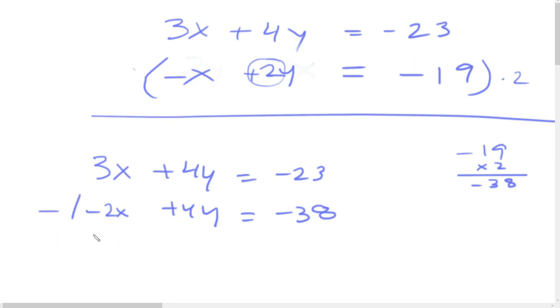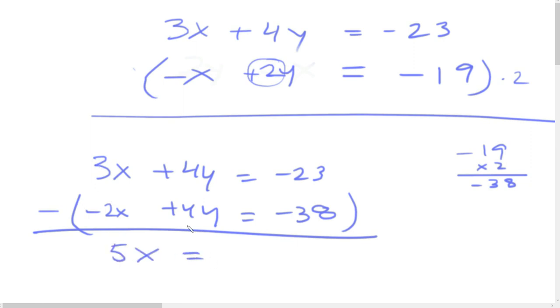And so now I subtract it from the top equation. So the negative is distributed, so that becomes positive. 3 plus 2 is 5x is equal to negative 23, negative 38. The positive 4 and negative 4 become 0. So that's out of the way. The negative distributed is positive 38.